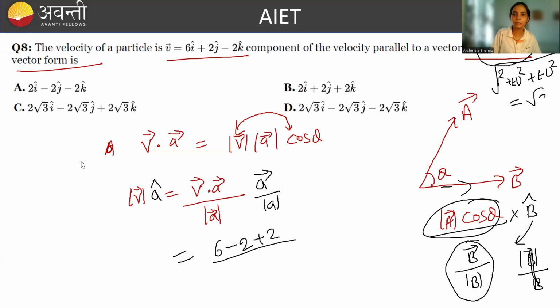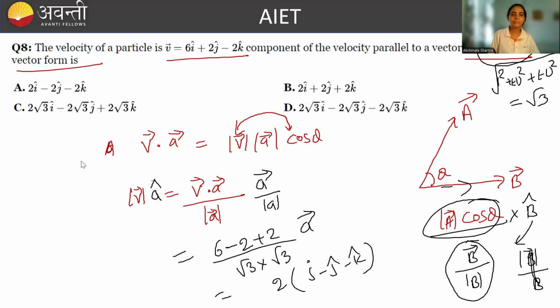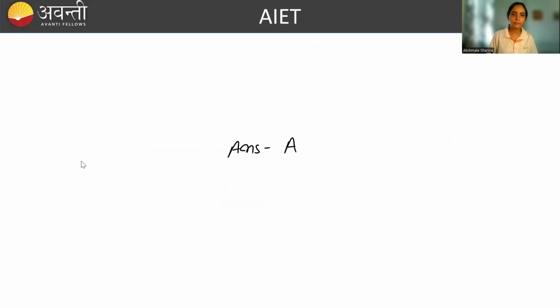So this is equal to √3. So this is √3 into √3 into vector A. If you solve it, this is 2 into vector A. Vector A is I minus J minus K. So this is 2I minus 2J minus 2K. So the correct answer will be option A. Okay? Chalo. So this is the answer.